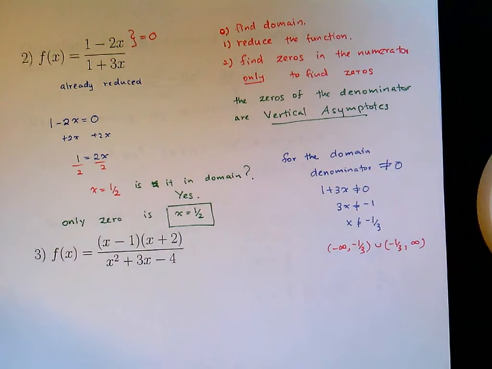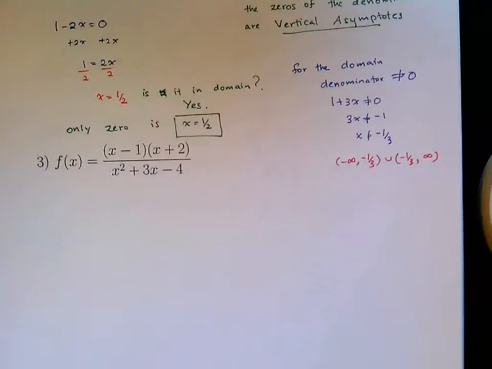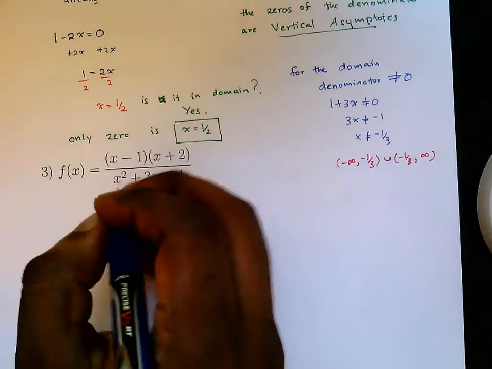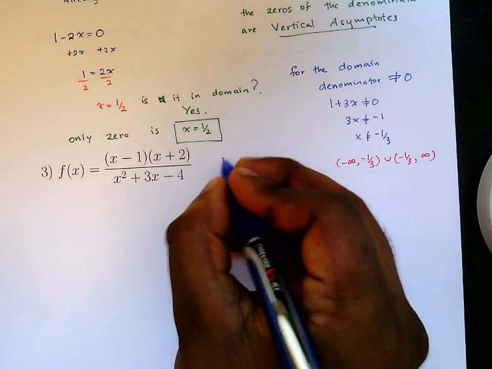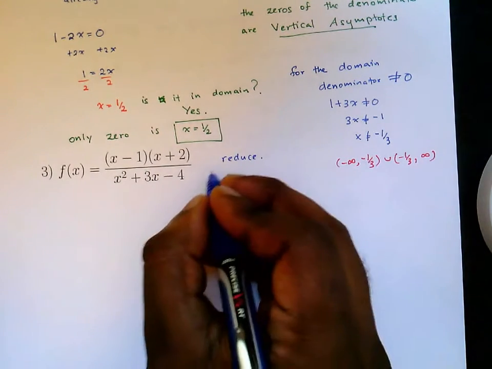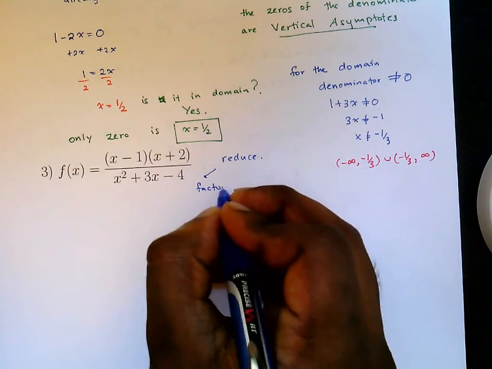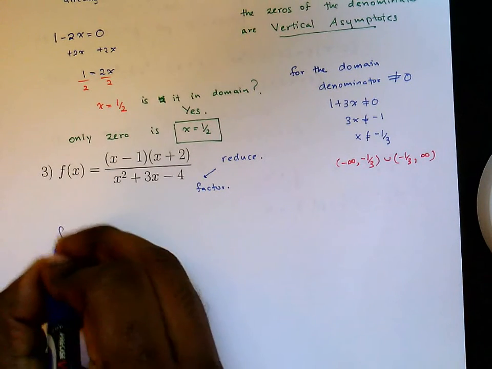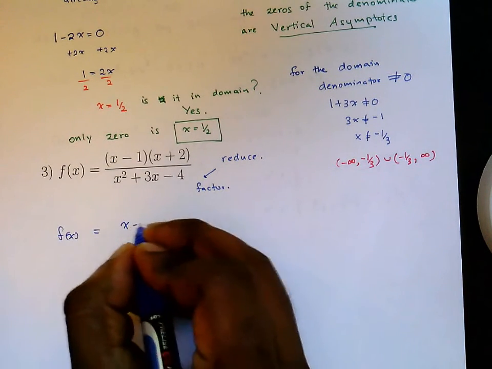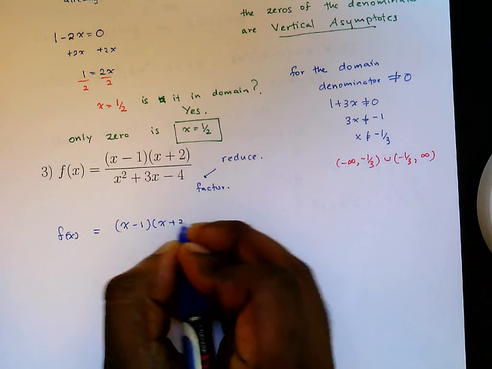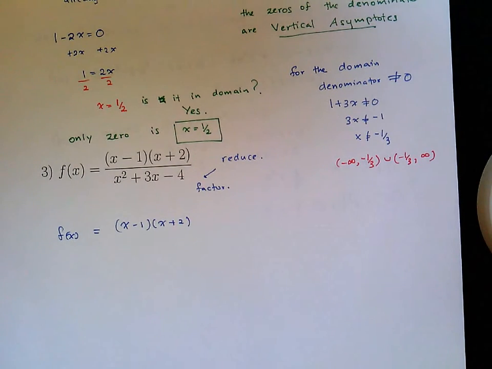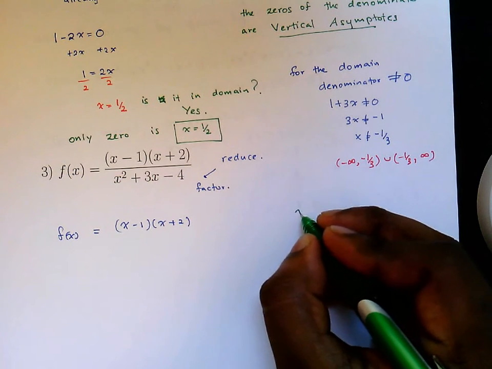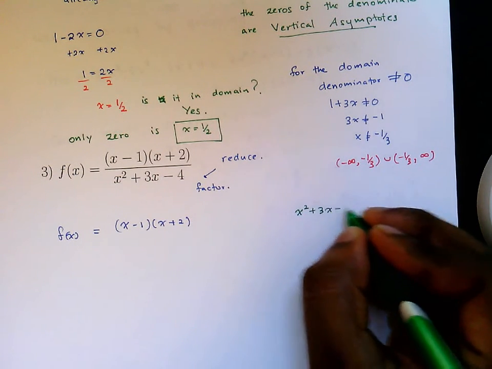All right, guys. Let's see that these ideas interplay big time in example number 3. We need to reduce this, which means we need to factor the numerator and denominator. f(x) is equal to (x minus 1)(x plus 2) over, and let me factor this on the side, x squared plus 3x minus 4.